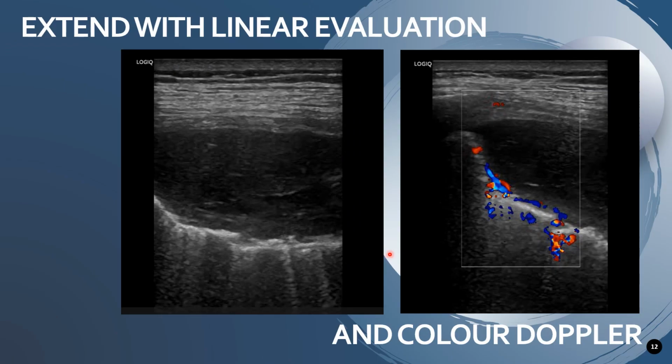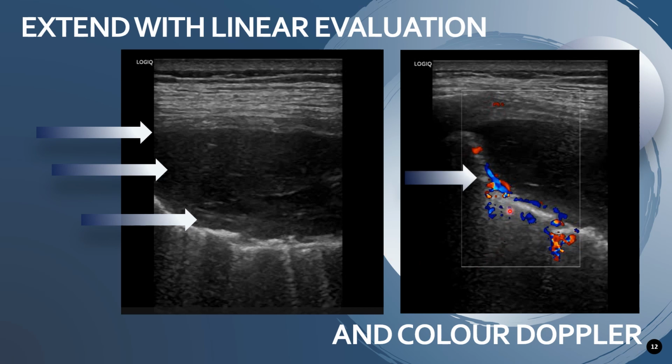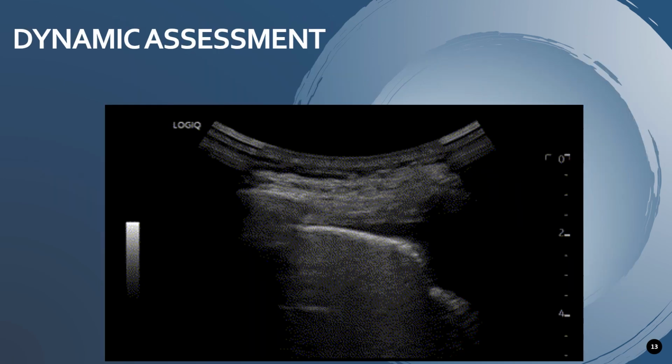And so consider extending your study with a linear evaluation. You can see these pleural lines much better. They're quite thickened in that picture. You can see the echoes and the heterotexture of that thick pleural effusion or empyema. And then you can add that color shows that vascularity in the thickened pleura quite well.